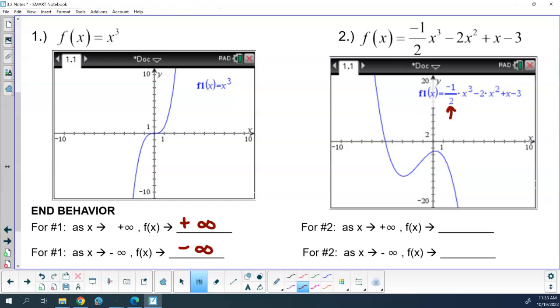So notice how that changes: the right side of my graph now is headed downstairs, and the left side of my graph is going up on high.